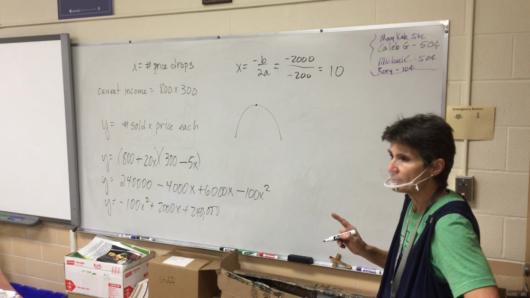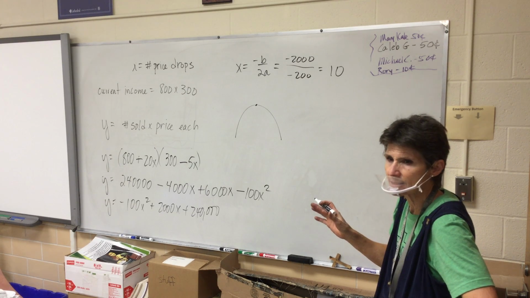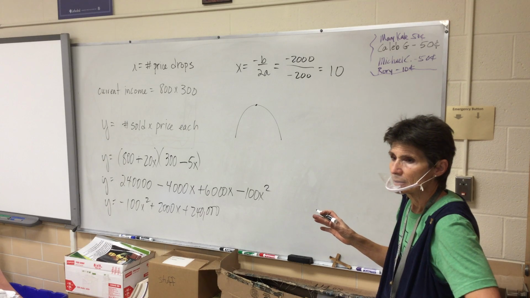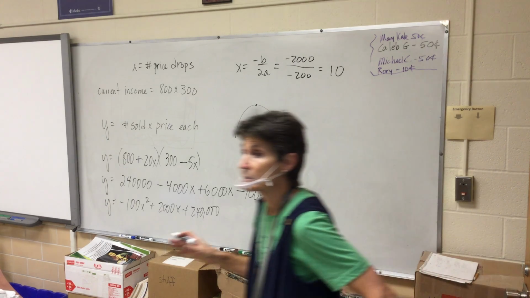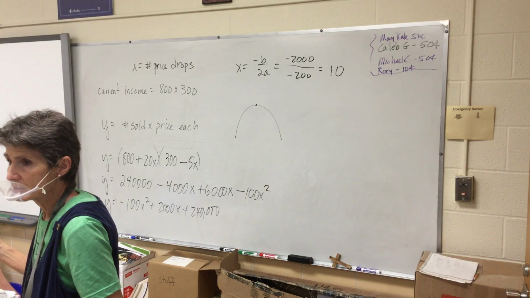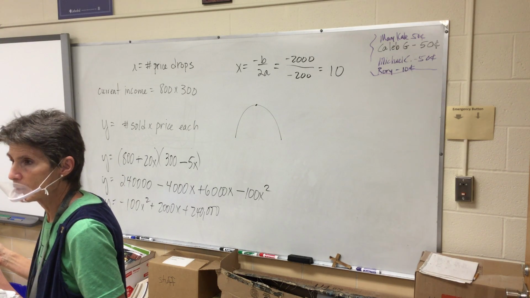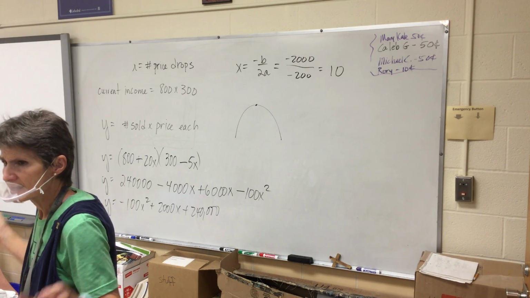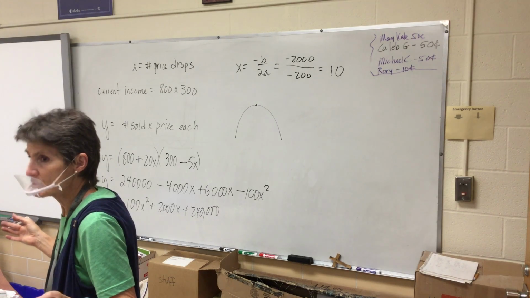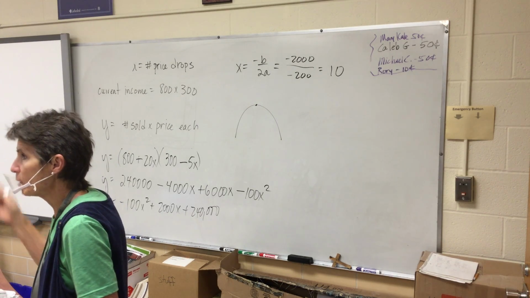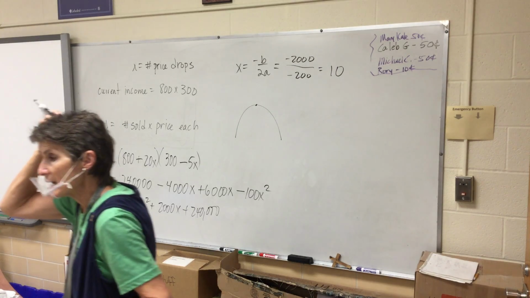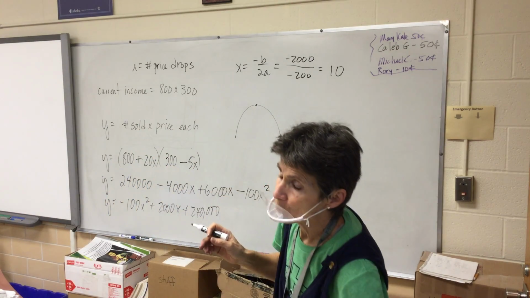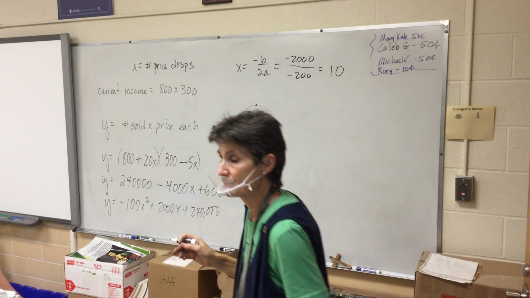What's that 10 stand for? That's 10 what? Is it $10? No. Is it 10 apartments? No. It's 10 what? Price drops. I'm going to lower my price 10 times. Now the question says, what rent should I be charging?